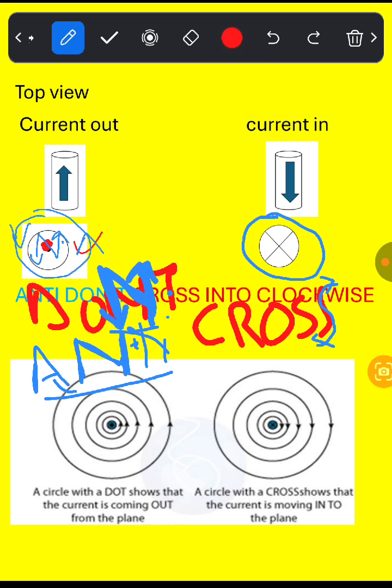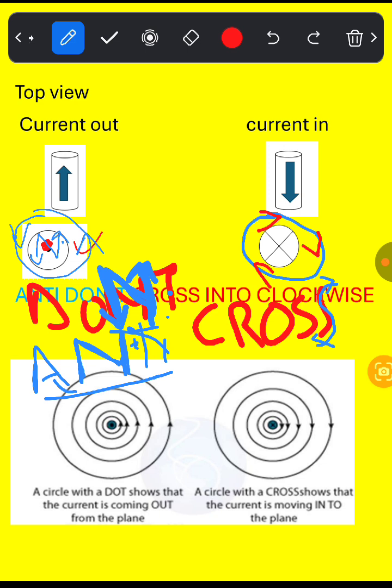The S has got an arrow, so I must write an arrow there, going this way at the bottom. At the top, I must draw an arrow like this. Then I remove the S there. Do you see the direction of magnetic field now? It's going like this.